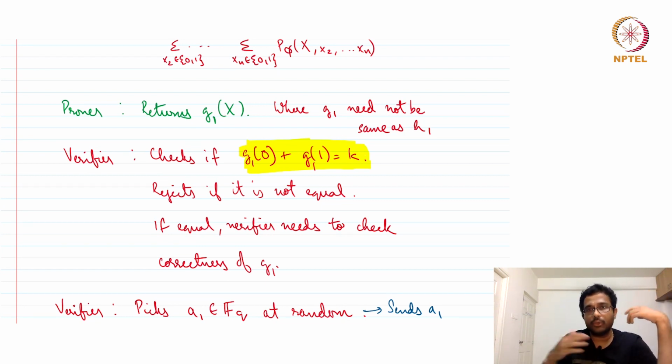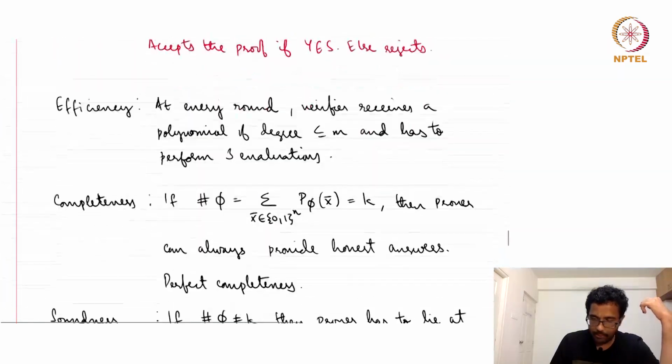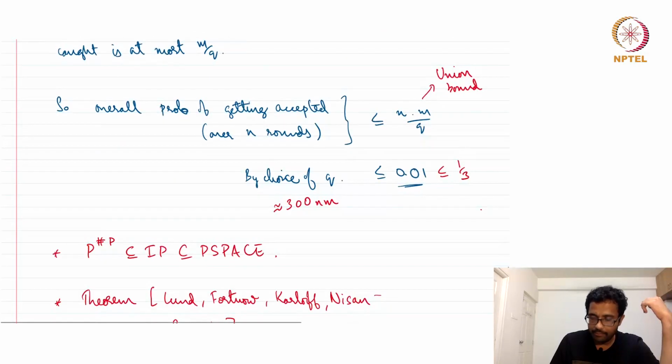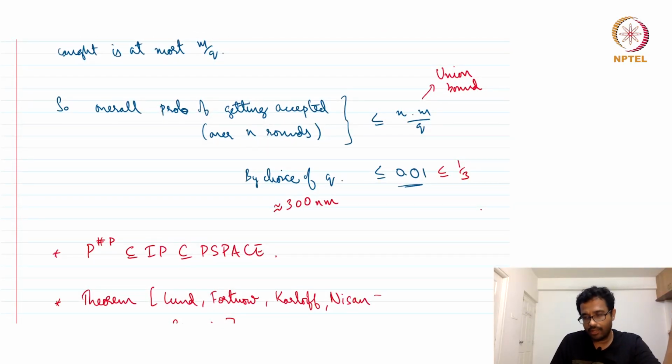So there is a limit to how much he can lie, and the probability of him being able to lie is upper bounded by mn/q, which is something like 0.01, which is way less than 1/3.